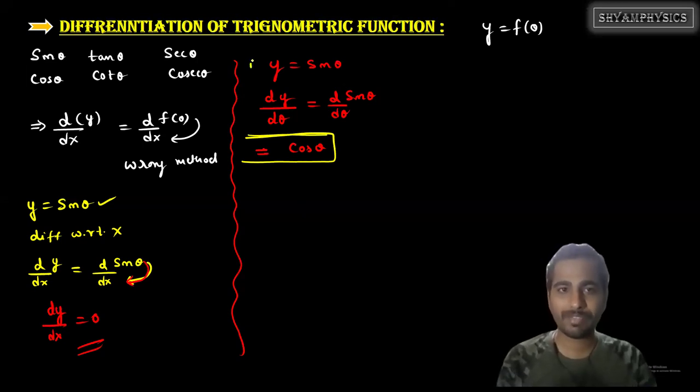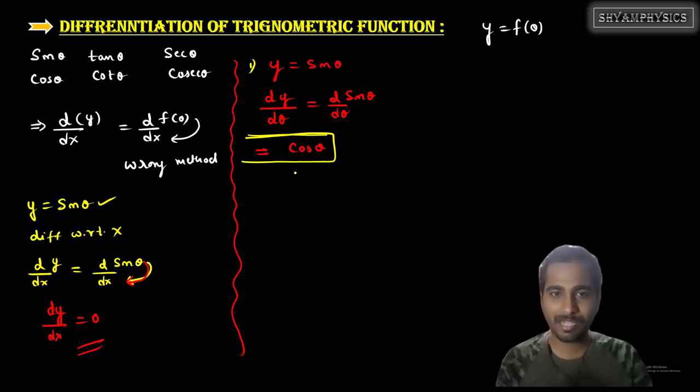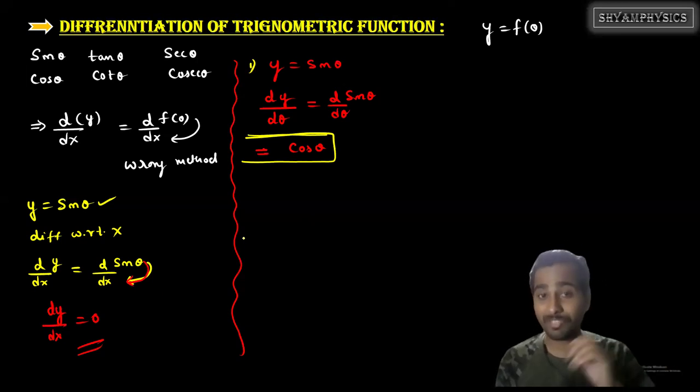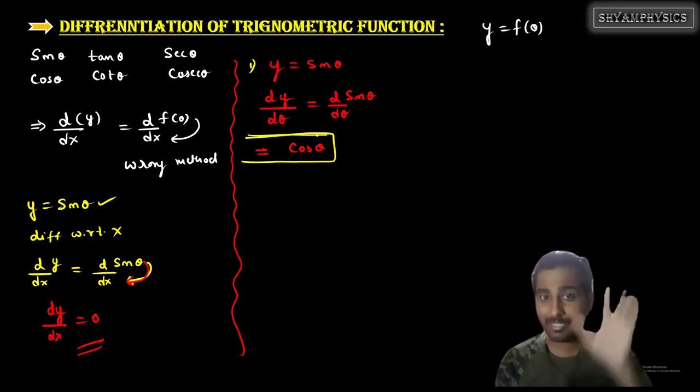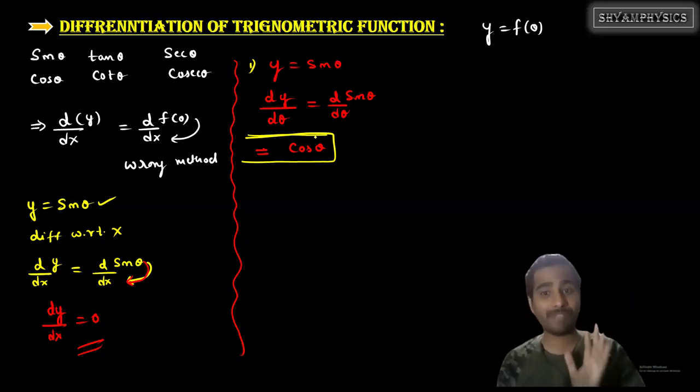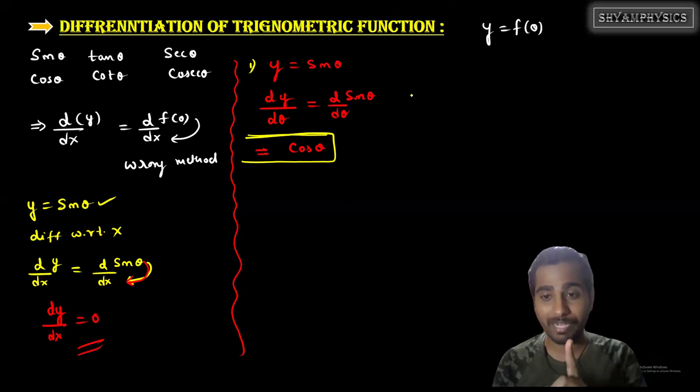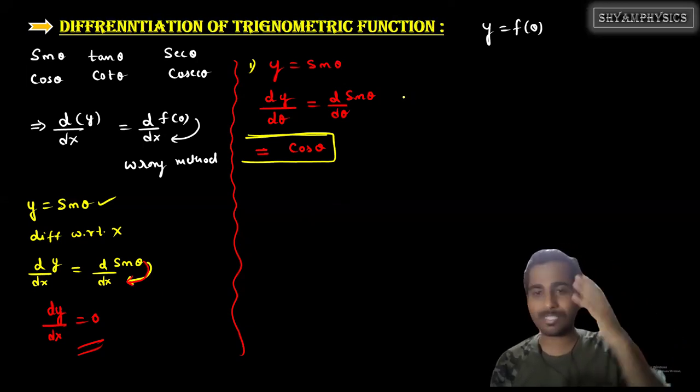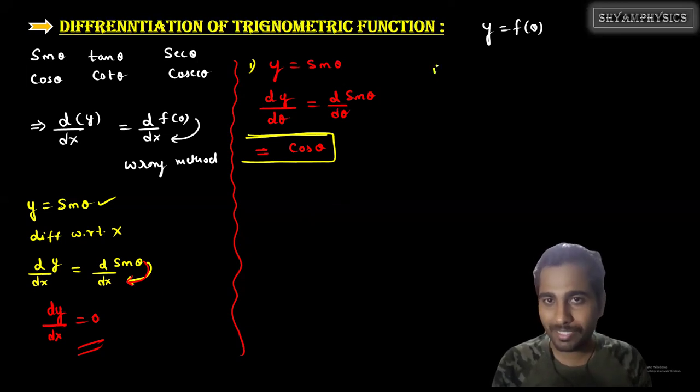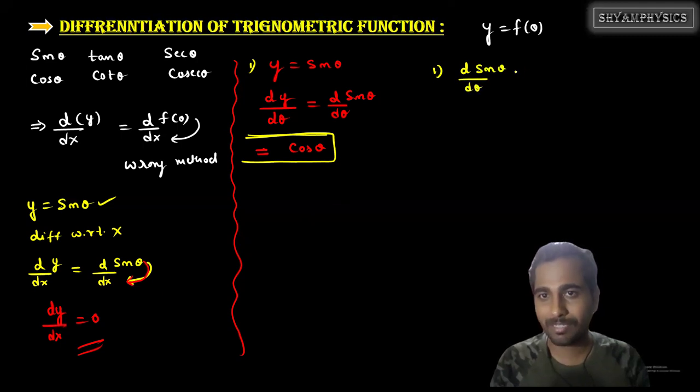Okay, what I given? Y is equal to sin theta. Answer you got cos theta. Similarly, differentiation understood, right? We have 6 trigonometric function values also. One by one, I will tell you. Please try to understand and keep all these things in your mind. First thing, what I told, differentiation of sin theta with respect to d theta is equal to cos theta.